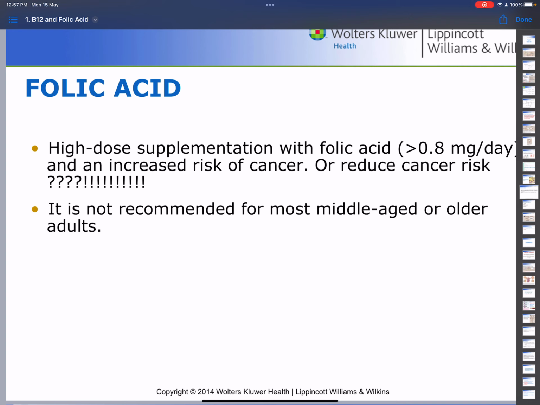In the literature, because it's worth sometimes looking at things parallel with the texts, for example, they found that at high dose supplementation of the folic acid, for example, more than 0.8 milligram per day, there is a risk of cancer or reduced risk of cancer. It's kind of a controversial issue. That's why I put it here. And there is no clear answer or clear conclusion.